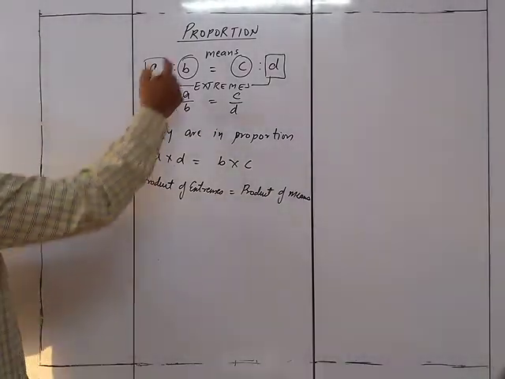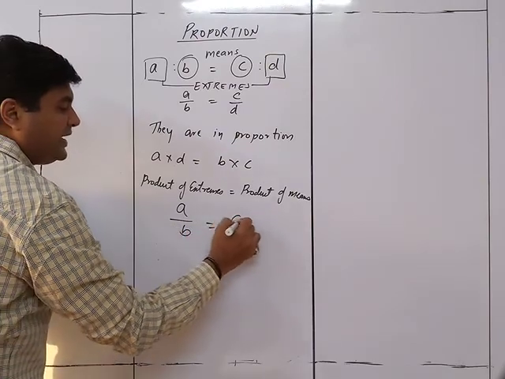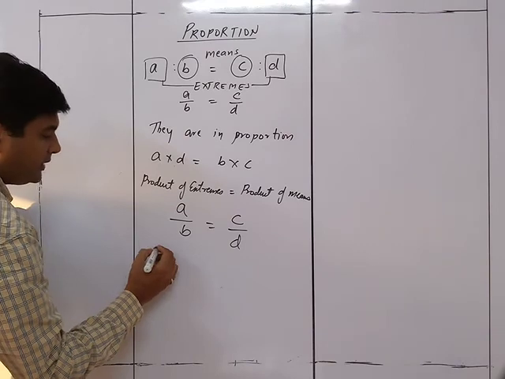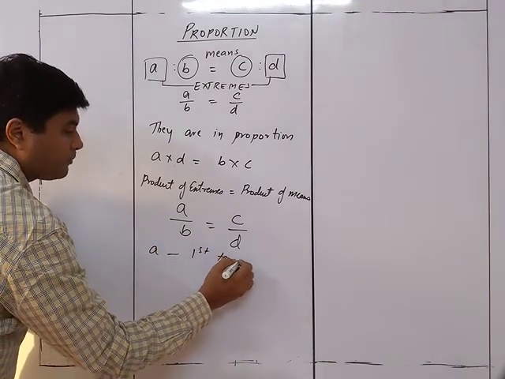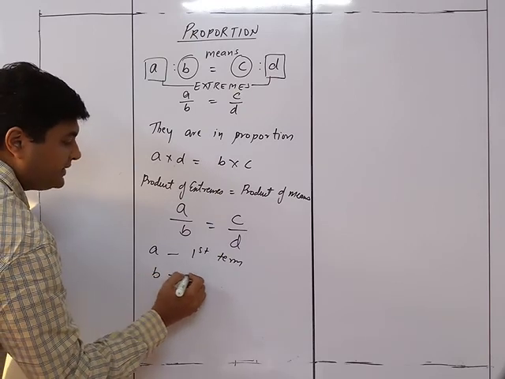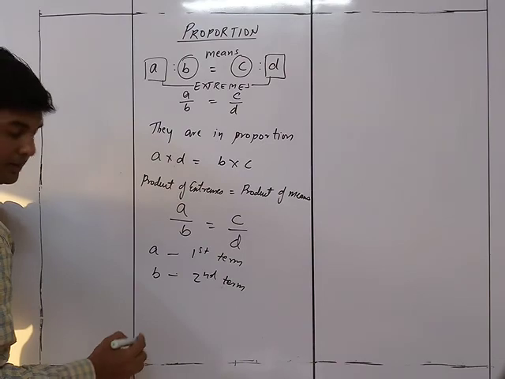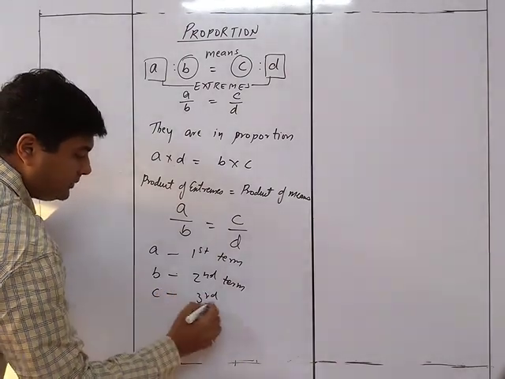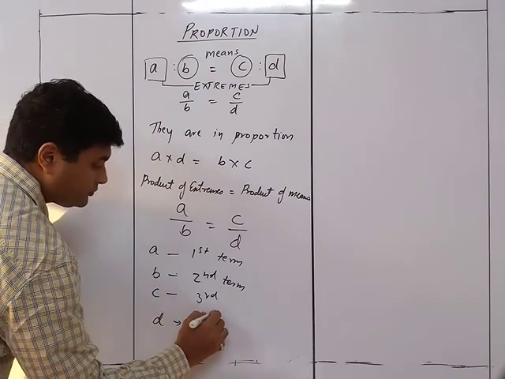So in this case, when A upon B is equal to C upon D, then A is the first term, B is the second term, C is the third, and D is the fourth.